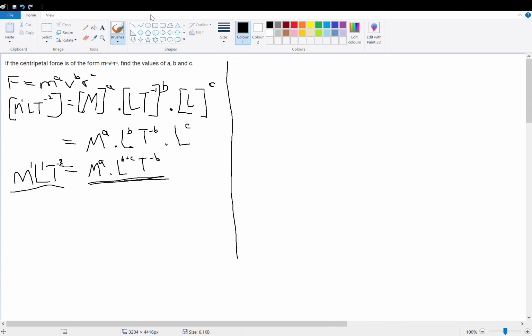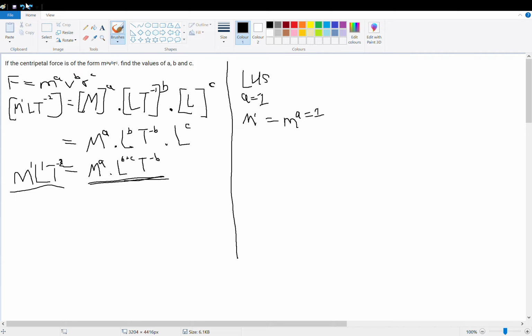So for a, we compare. In the LHS, a's value is 1, because on the LHS the M is to the power 1, and in the question it says M to the power a, so a will be 1, because the LHS and RHS must be equal when comparing in dimensional form.